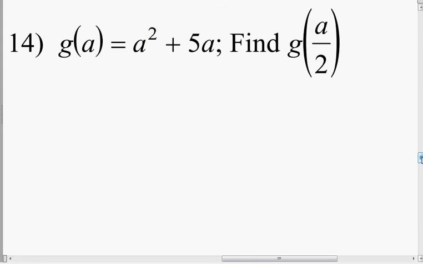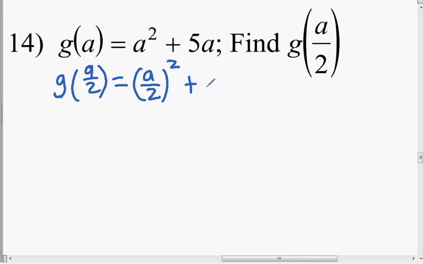Okay, now that you've gotten an answer for problem number 14, we plug in our expression. G of a over 2. Wherever I see a, I put a over 2. Plus 5 times a over 2.